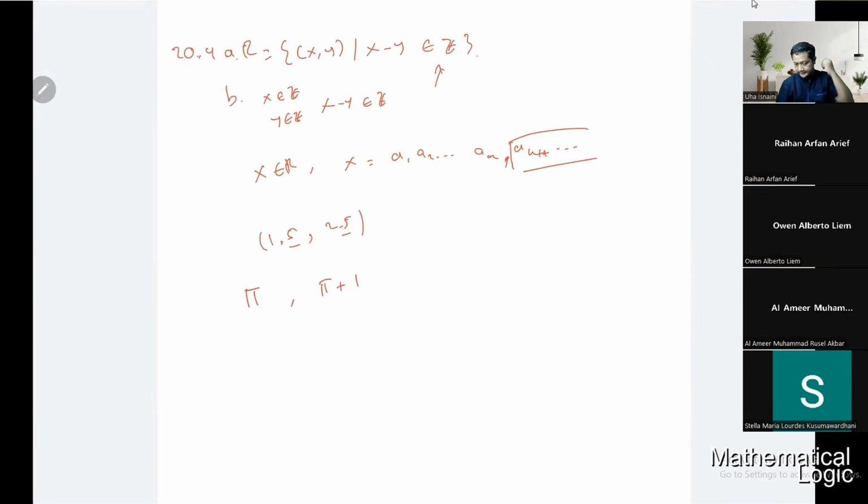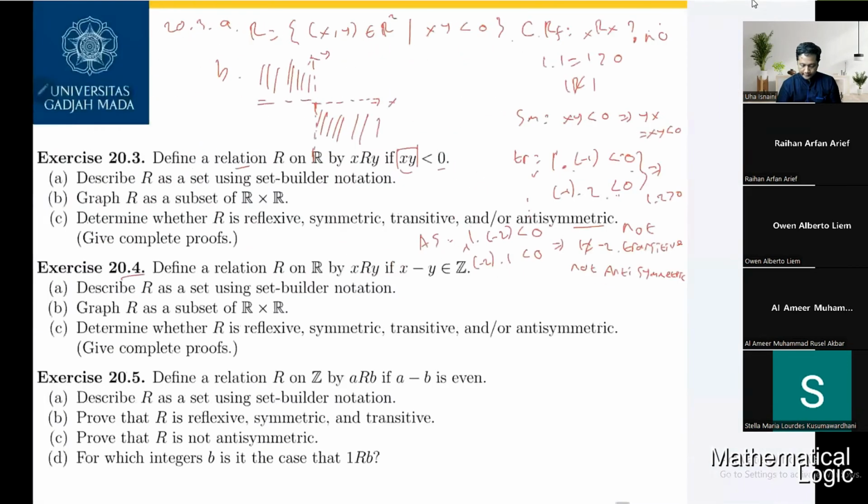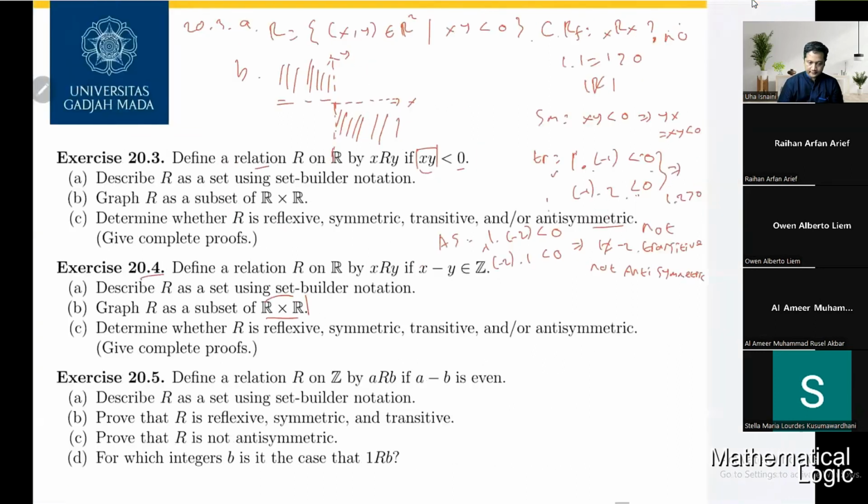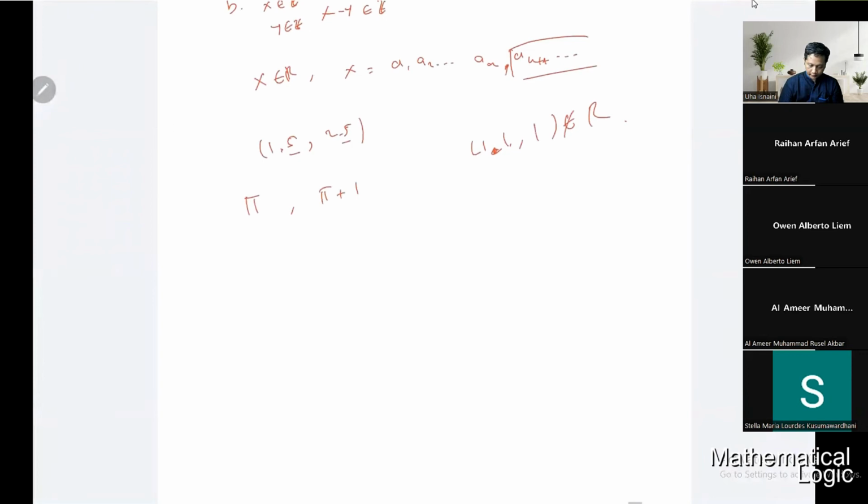But when you have 1.1 and 1.1, maybe this one is not in R, right? So you have a lot of points almost everywhere, but there are some points that are not included. That's why I say it's not reliable to draw.